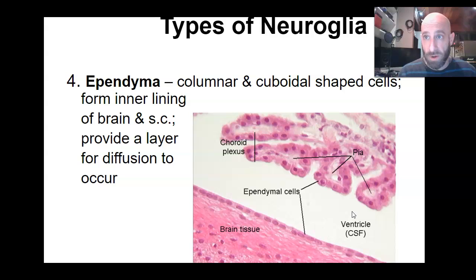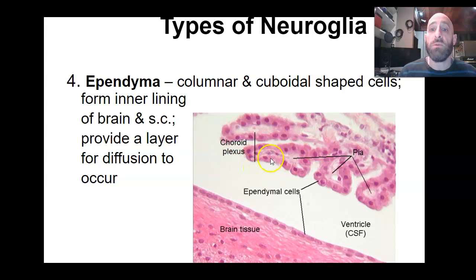You may have heard of cerebral spinal fluid before. If you've ever heard of a spinal tap, what they're doing is they're going into the vertebral column and they're going into the spinal cord, and they're actually pulling out some cerebral spinal fluid. Well, where does that CSF come from? It comes from these ependymal cells. So these little ependymal cells, they line the boundary of these ventricles. So this would be brain tissue here.